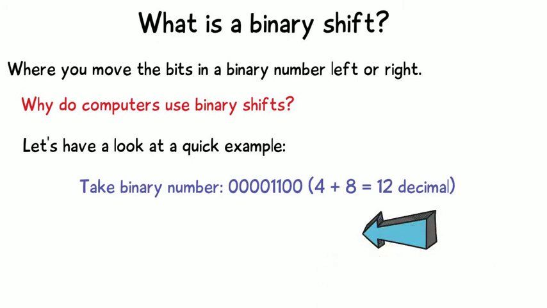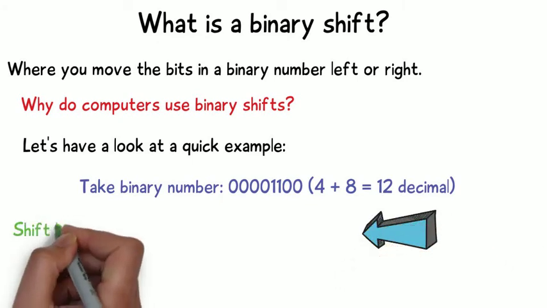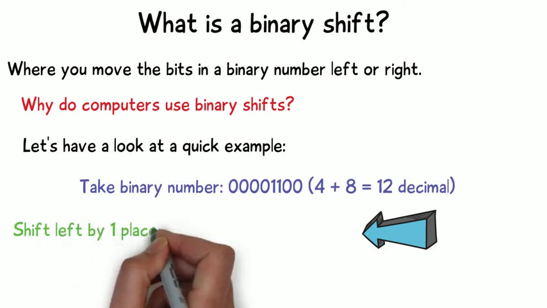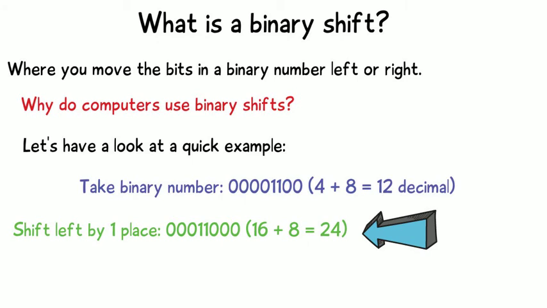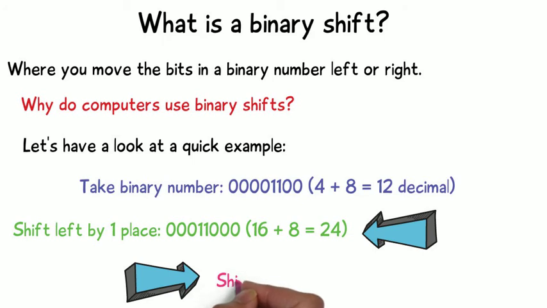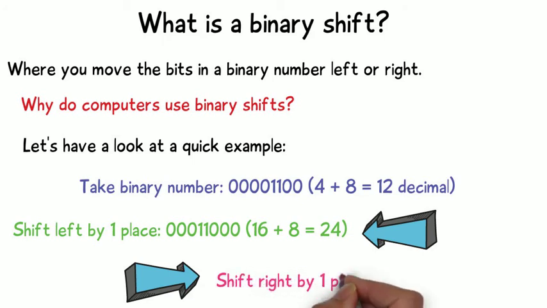And first of all, we're going to shift it to the left by one place, and that's going to push it to look something like this, which is 24. Now we're going to take that same original number, 1100, and shift it right by one place.